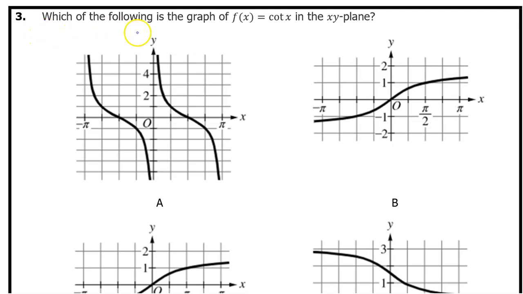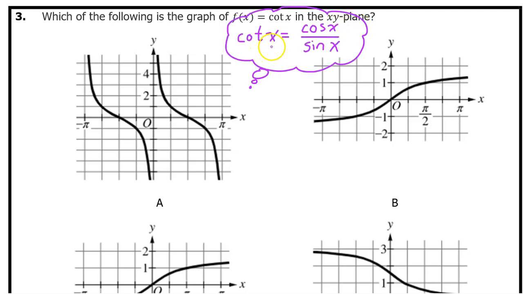Number 3. Which of the following is the graph of f of x equals cotangent x in the xy plane? Since cotangent x is equal to cosine x divided by sine x, cotangent x will have vertical asymptotes wherever the denominator, sine x, is equal to 0.